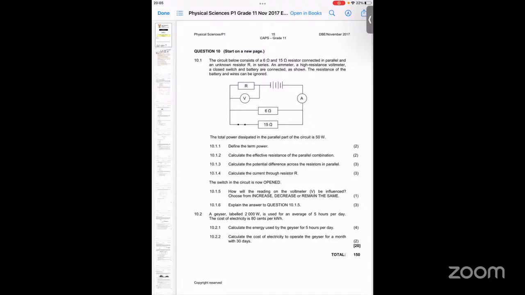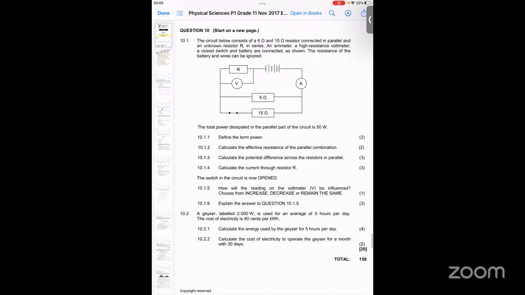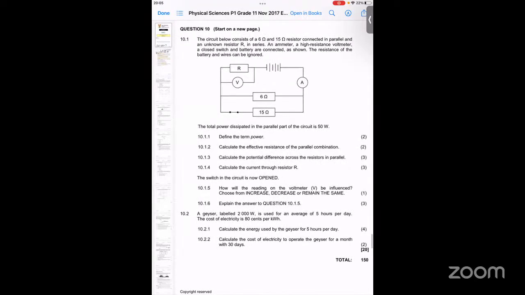Okay, then it's fine. So question number 10, they want you to start on a new page. So what I'm going to do very quickly is read through that given statement. We will also have a look at those questions. So 10.1, they are saying the circuit below consists of a 6 ohm and a 15 ohm resistor connected in parallel and an unknown resistor R in series.